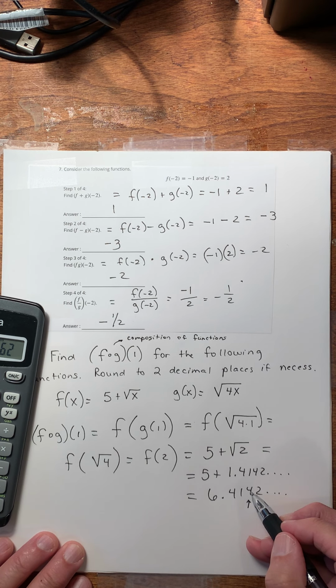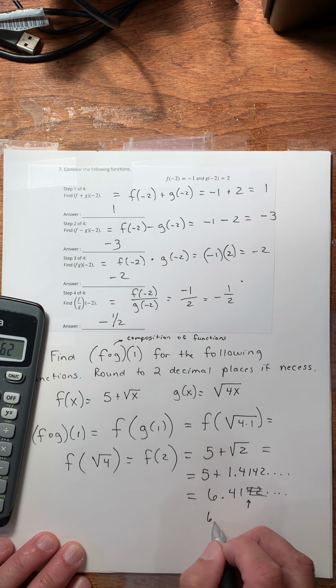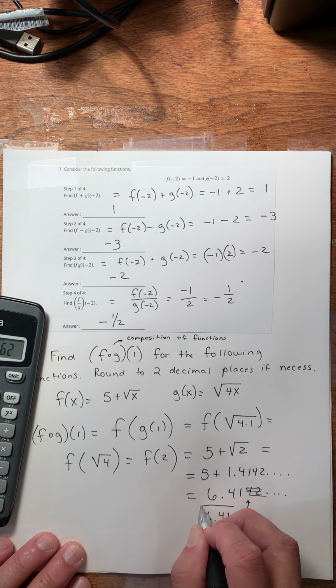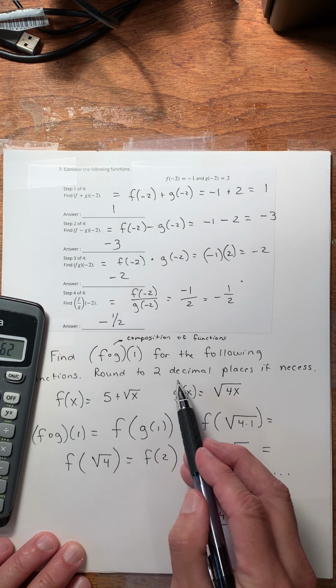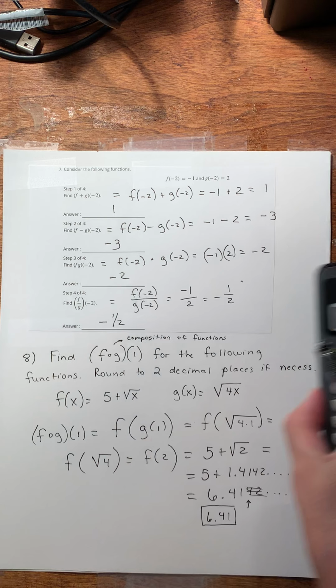If it's 5 or bigger, I round that up. If it's 4 or less, which it is, I leave this alone. So the answer I submit, rounded to 2 decimal places, is 6.41.